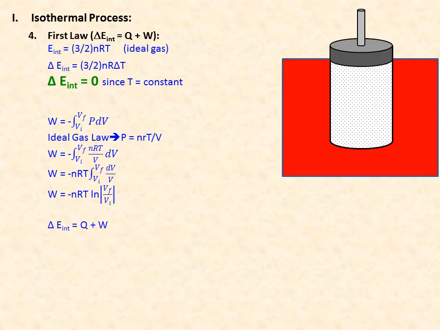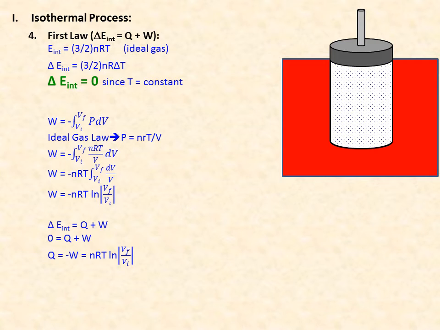So when we apply this to the first law, incorporating these expressions, we see that the change in the internal energy is 0, and we incorporate our expression for work. We see here that the heat that is added to the system is related to the work being done on the system.